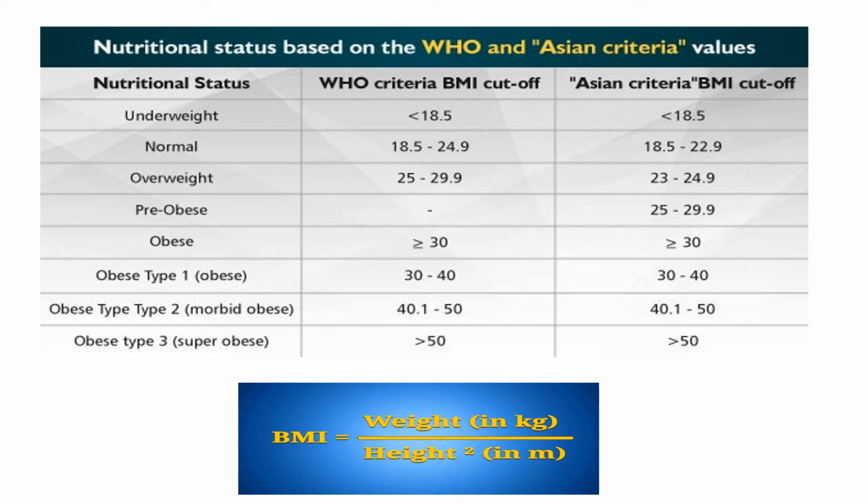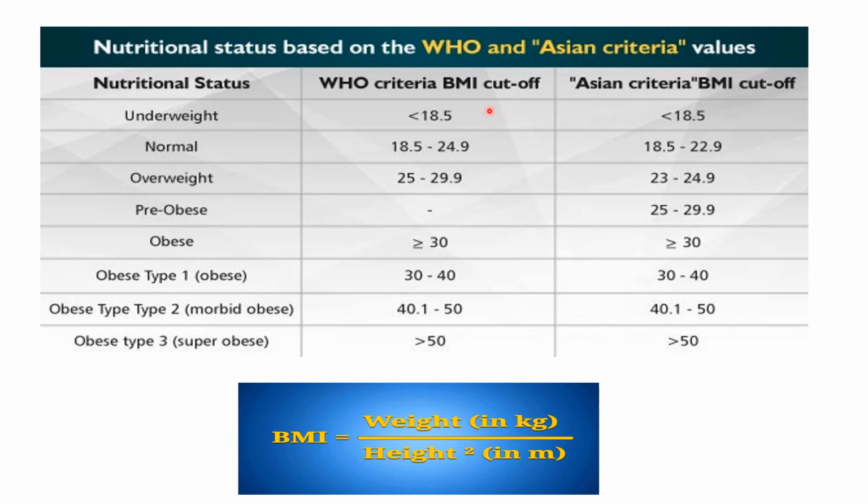Now coming to the nutritional status, usually these standards are used for adults mainly. It is given as the WHO standards and the Asian criteria for BMI, the body mass index. This is done for all.